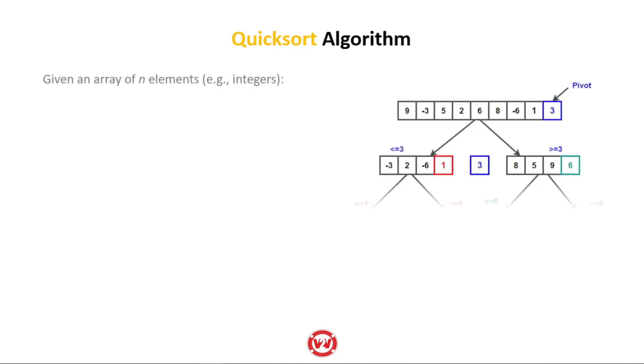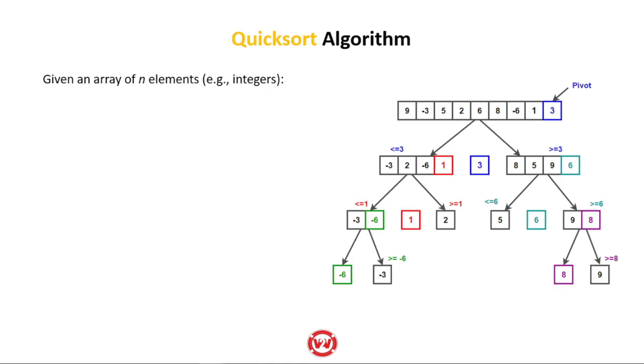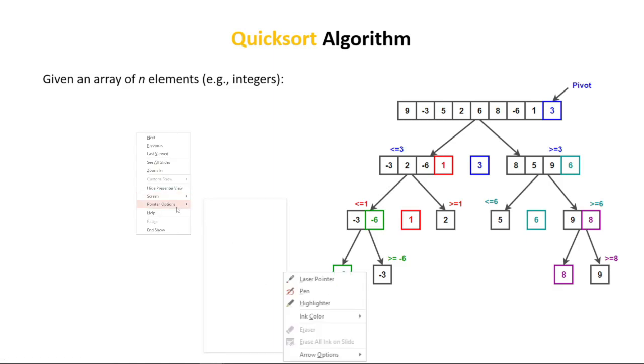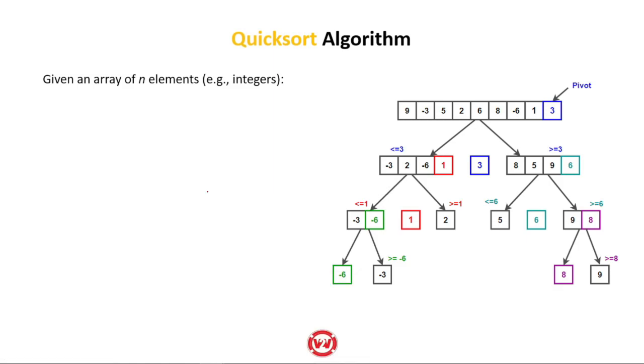The idea of quicksort is slightly different as compared to that of merge sort. In quicksort, we select one element which is called a pivot element. This pivot element can be from any location. It can be from the beginning of the array, at the end of the array, or somewhere in the middle of the array also.